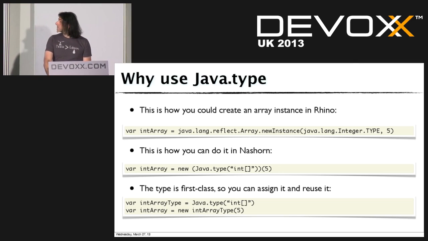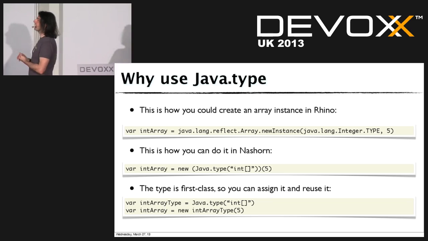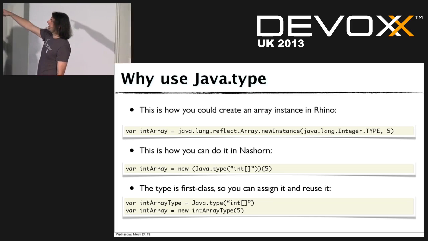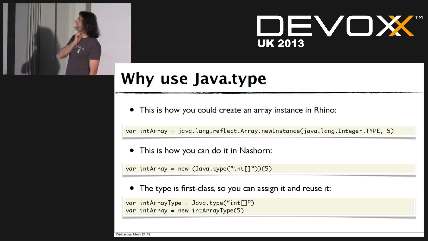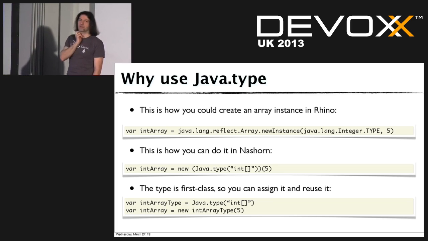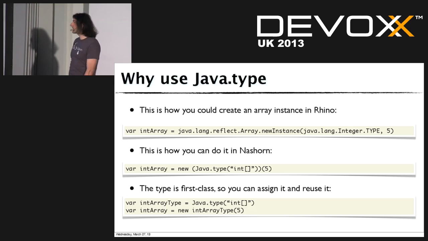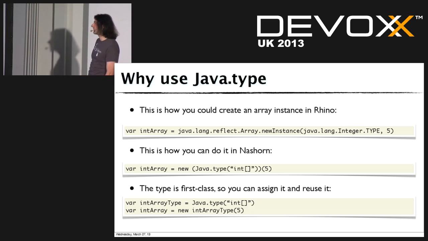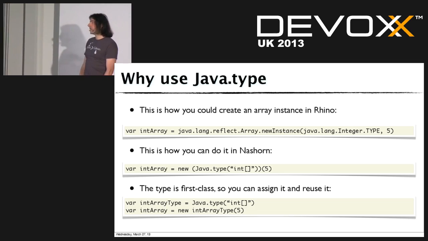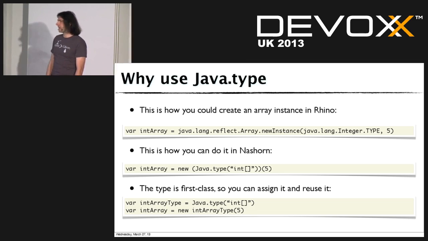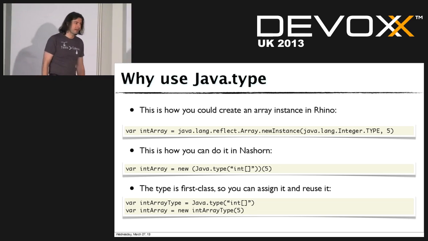So there is another reason why you should use java.type. This here is how you can create an array in Rhino. In Rhino, you typically had to use this to create an array. So you would say, you want an int of 5 elements. You say java.lang.reflect array, a new instance of integer type, and please give me 5.